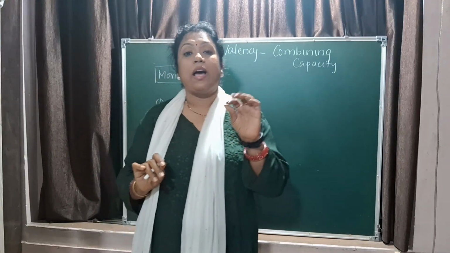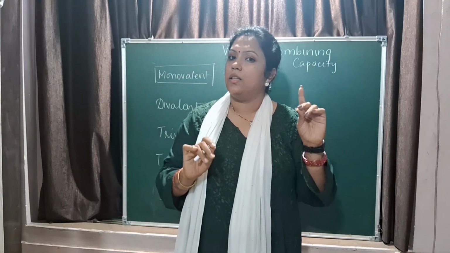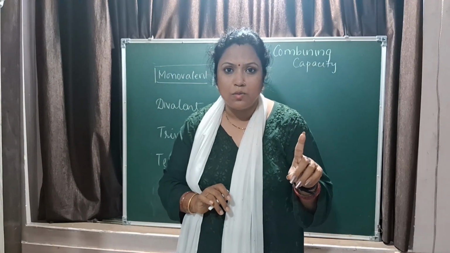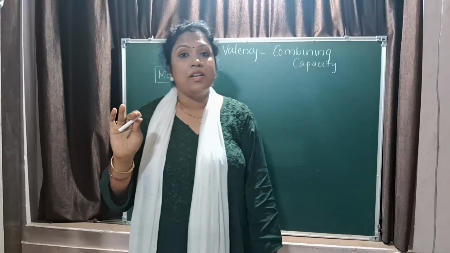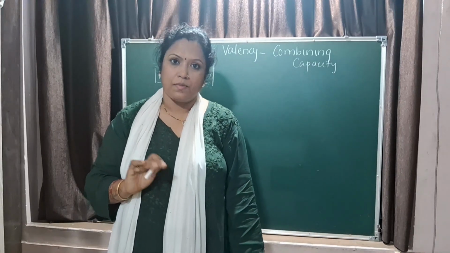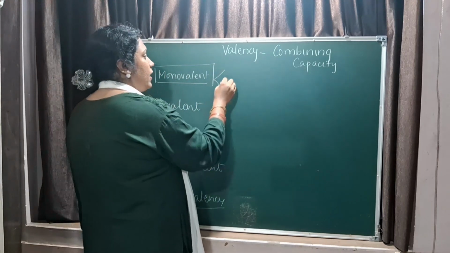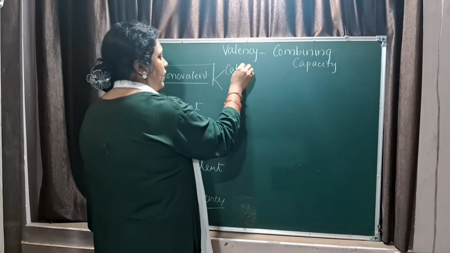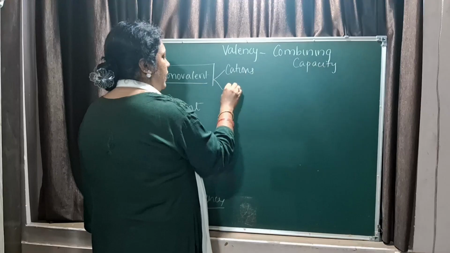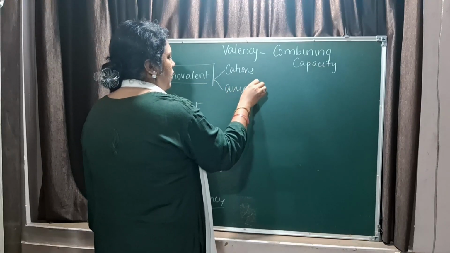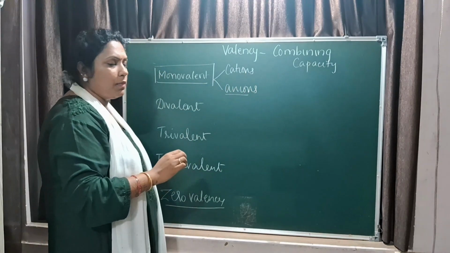So for having valency 1, either you should have 1 electron in the outermost orbit or 7 electrons in the outermost orbit. Is that clear? So when I say monovalent, there are again 2 types, so cations and anions.